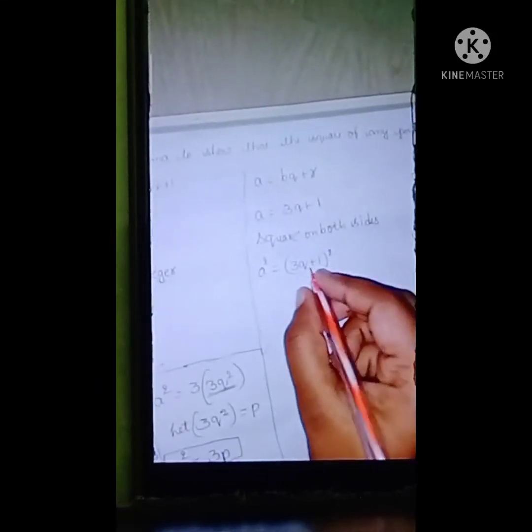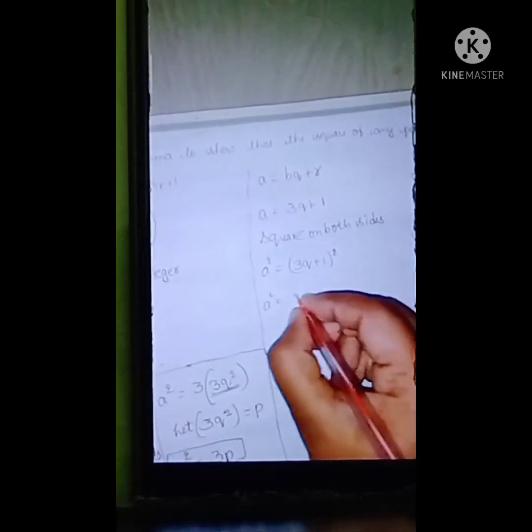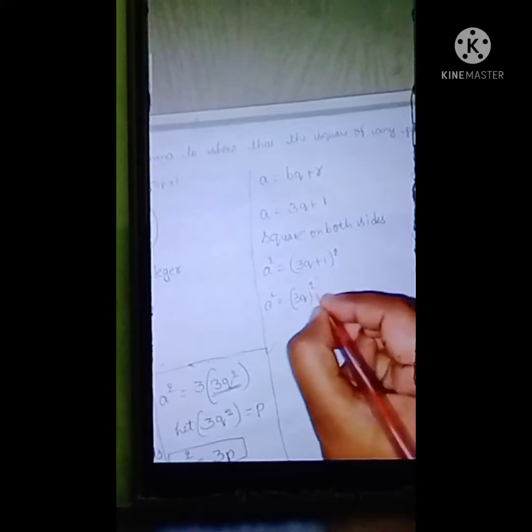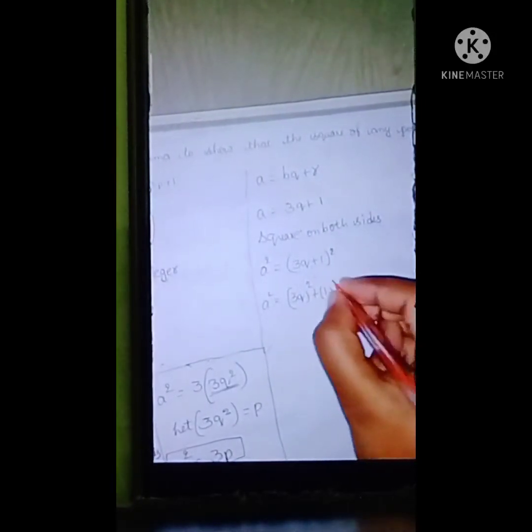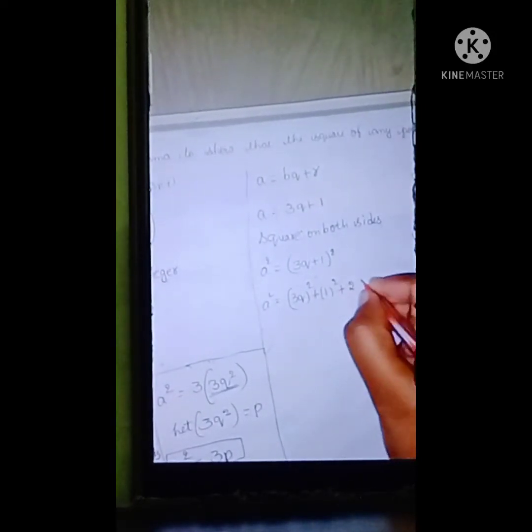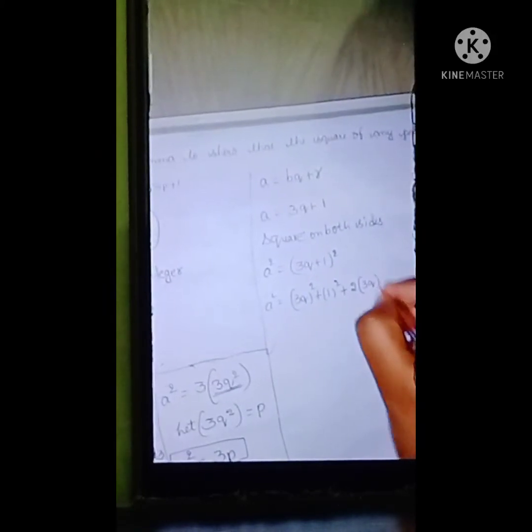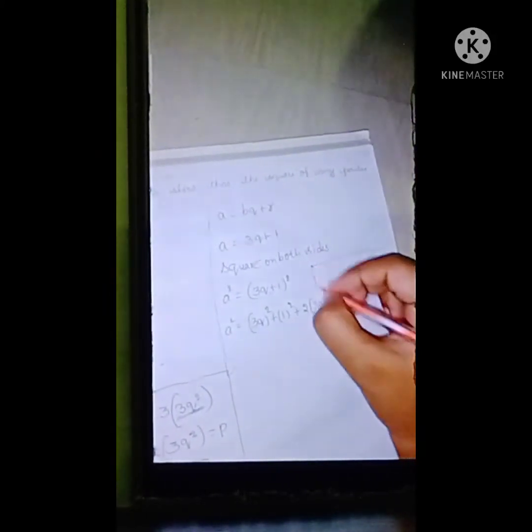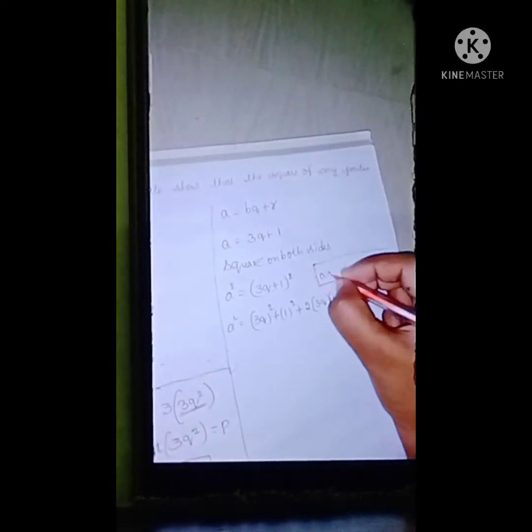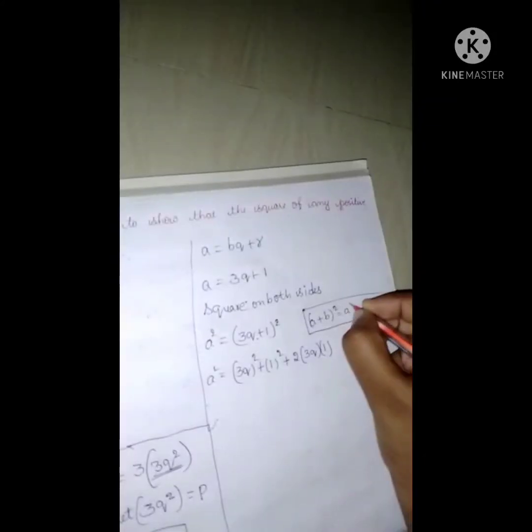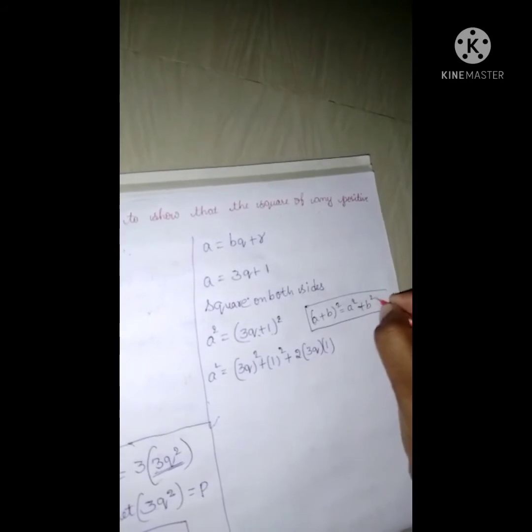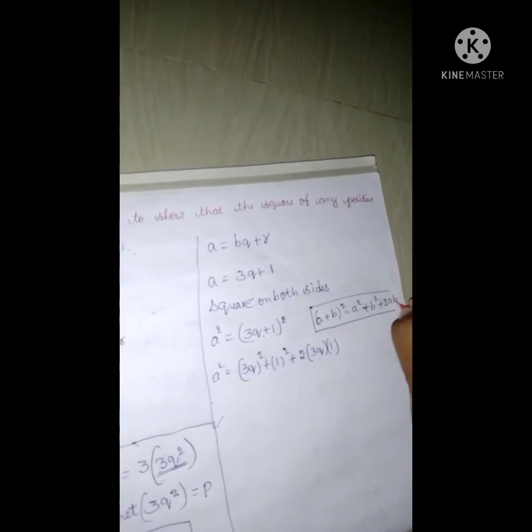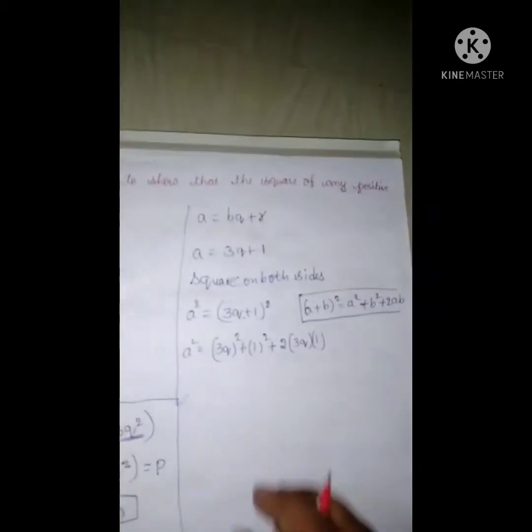Now apply the formula a plus b whole square. What the formula I used is a plus b whole square equals to a square plus b square plus 2ab. Okay.